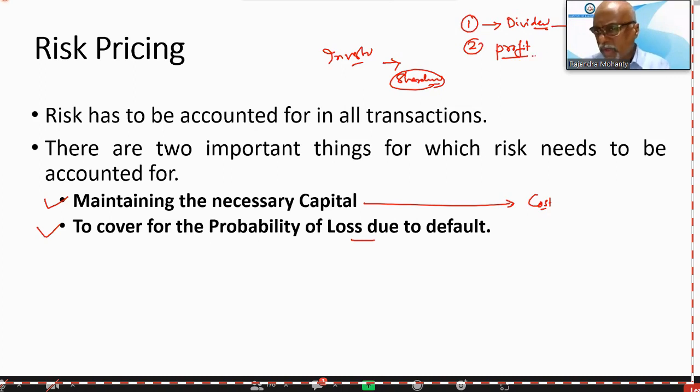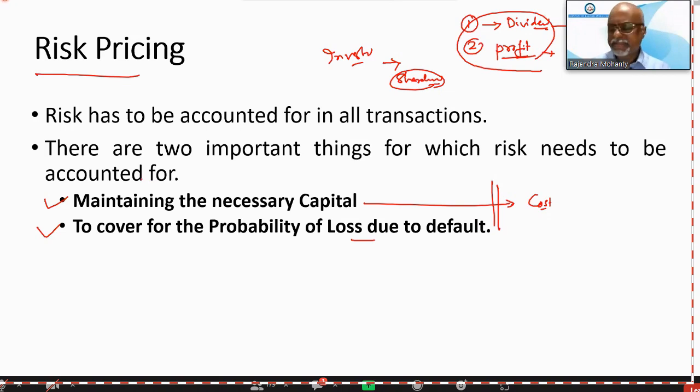To earn profit, again, you have to charge an adequate amount of interest on your loan portfolio or investment portfolio. So these are the costs. To load this factor onto the rate of interest to be charged to the loan account, one of the factors is your risk factor.